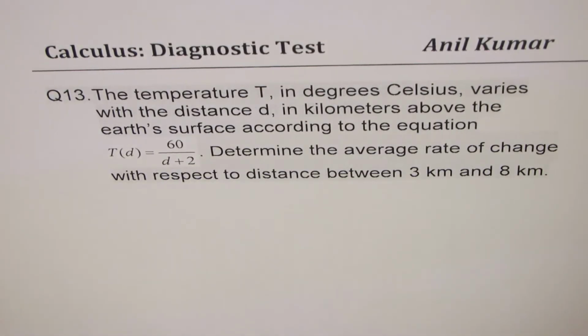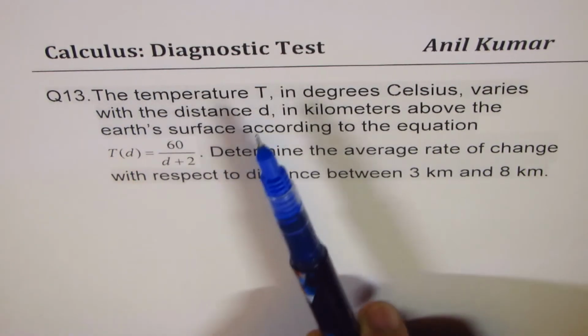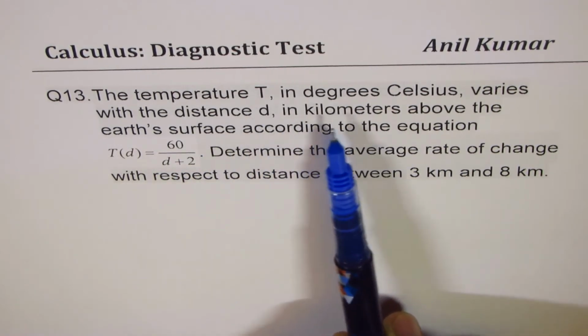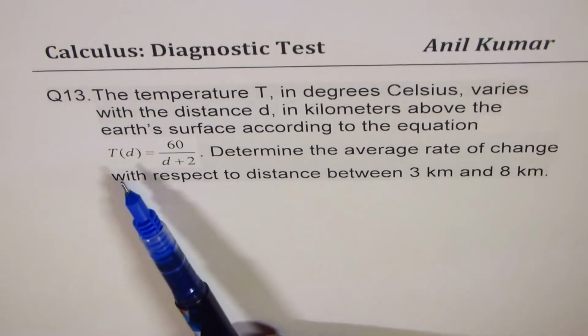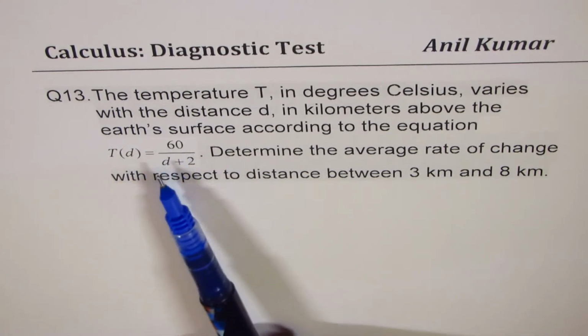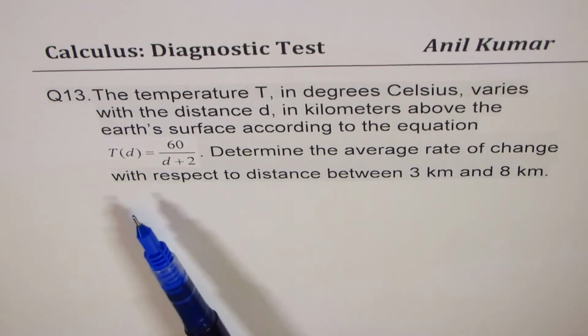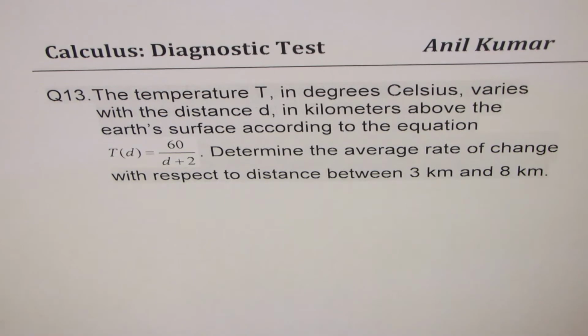Question number 13 here is based on rate of change. The question is, the temperature T in degrees Celsius varies with the distance d in kilometers above the Earth's surface according to the equation T of d equals 60 over d plus 2. Determine the average rate of change with respect to distance between 3 kilometers and 8 kilometers, right?